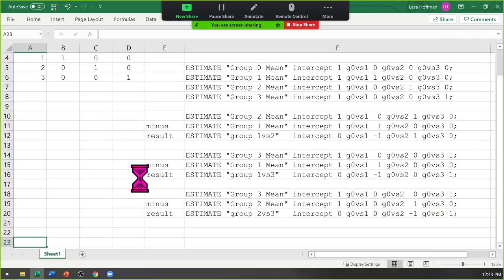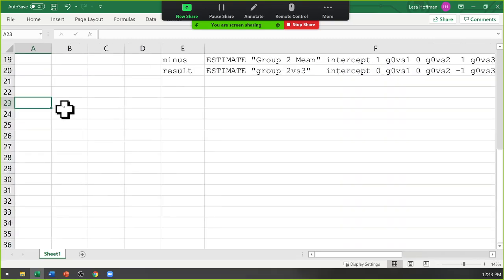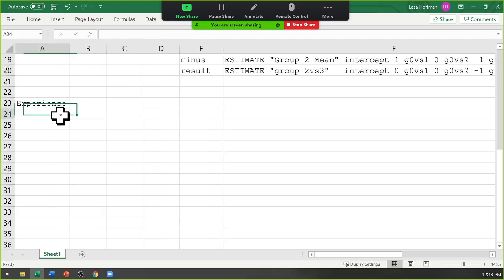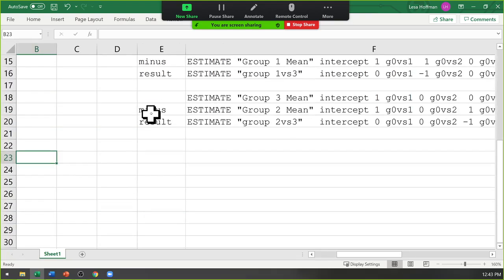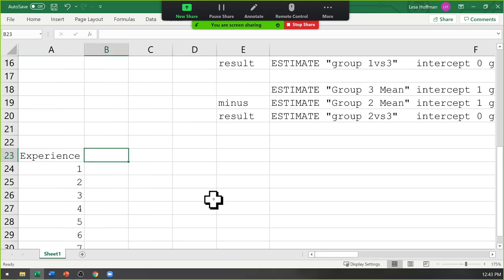So let me get this a little bit bigger here. I'm adding on to the thing that we started before. Experience is the original variable, and it is coded like this. Can you all see where I'm typing? Let me blow it up just a little bit more, that way it shows up on the recording more clearly as well.